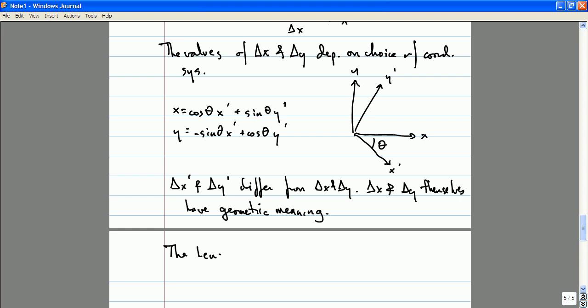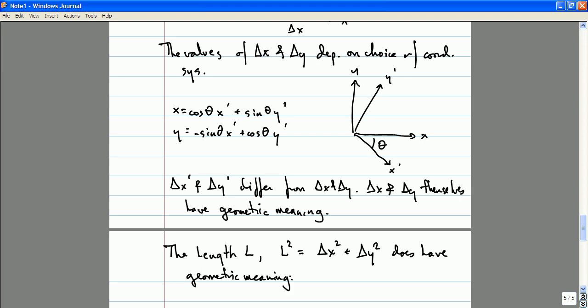So the length L, defined by the equation L squared is delta x squared plus delta y squared, i.e. determined by the Pythagorean theorem, does have geometric meaning. What does it mean that it has geometric meaning? It means it is independent of the choice of coordinate system.